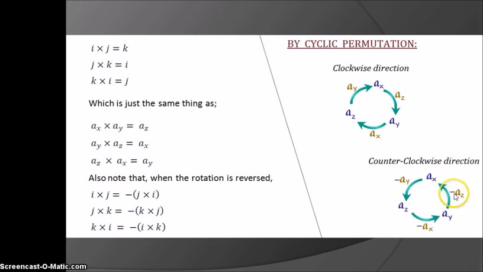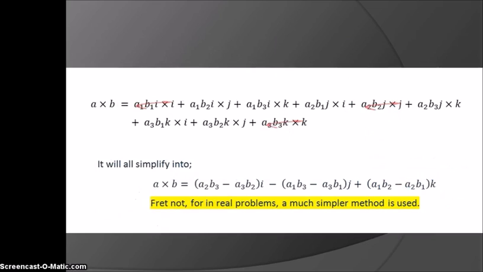Then negatives will be introduced in our answers. For example, i times j equals the negative of j times i. This is so because vector multiplication is not commutative.